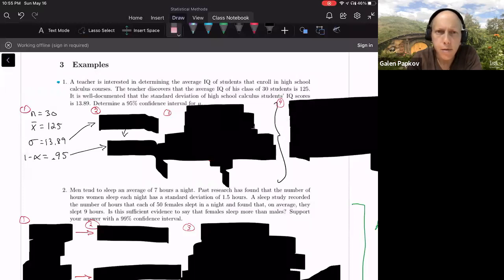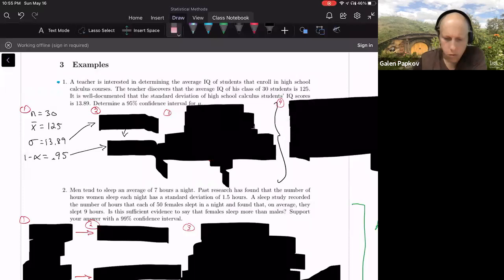The only new piece of information here is at the very end, determine a 95% confidence interval for mu. And so that means that 1 minus alpha, which is your confidence level, is 0.95. Once you've labeled all that, then you get on to step 2, which is you need to figure out, are you going to use the Z or the T version?